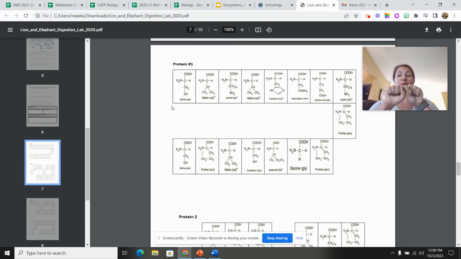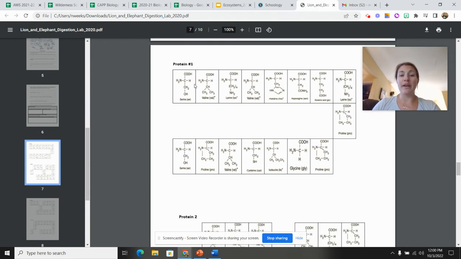Remember, every time we break a carbon to carbon bond, we are going to release energy in the form of calories that we can use to do things. If you notice, each of these proteins are in little separate boxes. Here's your hint. To break a bond, you would cut right here.